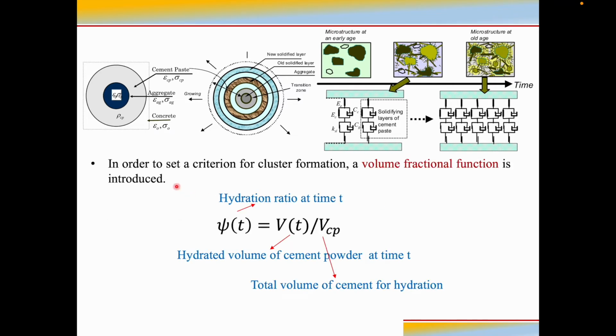So in order to set a criterion for cluster formation, a volume fractional function is introduced. It looks like this. Phi t is the hydration ratio at a time, so we can calculate it by using hydrated volume of cement divided by the total volume of cement. So phi t is very important, hydration ratio at the time, so let's also remember it.